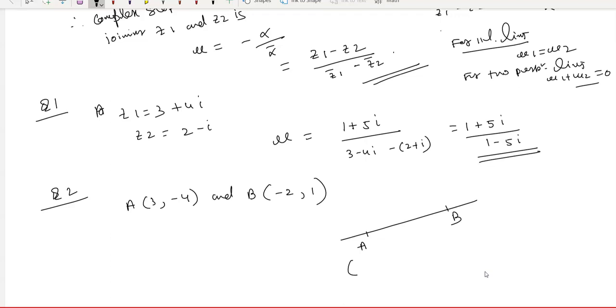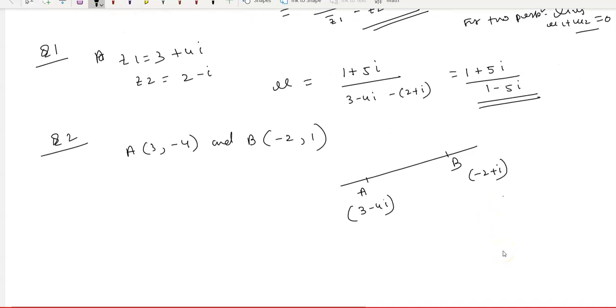Here the two points in the Argand plane are represented by 3 minus 4i and minus 2 plus i. So Z1 is 3 minus 4i and Z2 is minus 2 plus i.